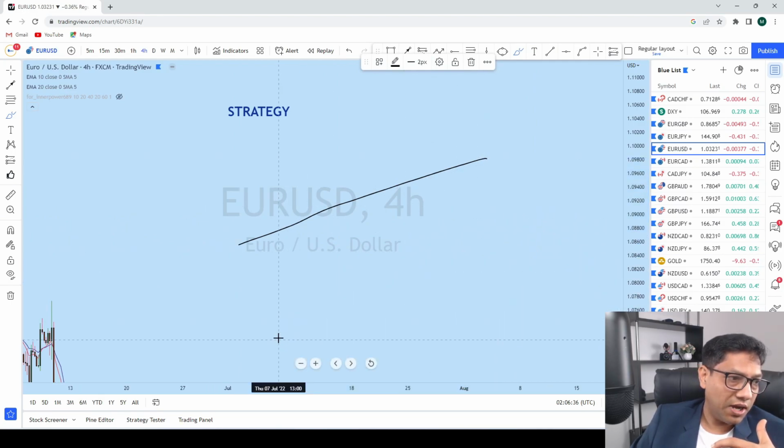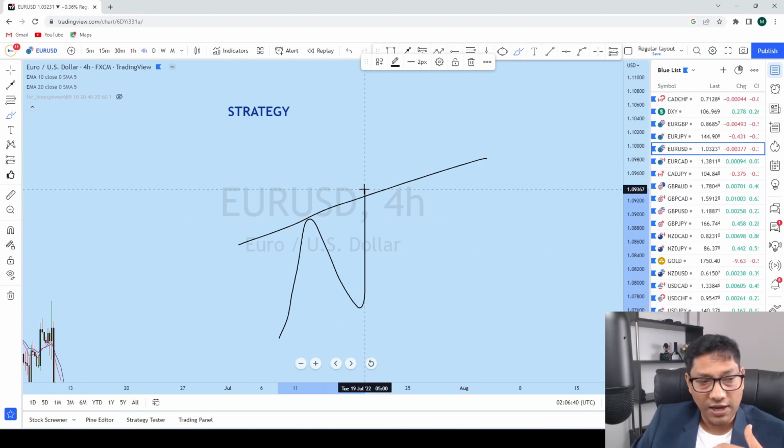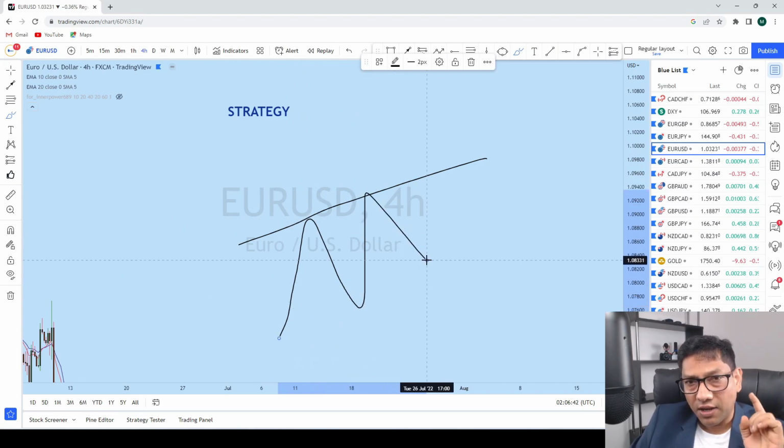So when you see that the price has gone to that level, bounced, gone to that level, bounced again, keep in mind that the key point here is to look for an overextended market. This is the main mistake that most traders make, because more often than not, you will see a false breakout in the market.